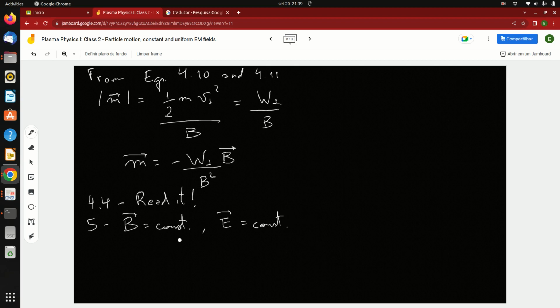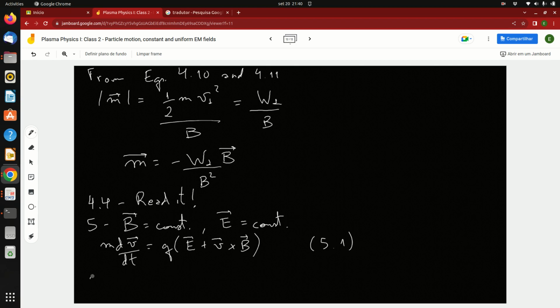Some constant fields. We have already dealt with this situation, but now let's try to do a formal solution of the equation of motion to understand what is happening with the charges in this case. So the equation of motion is dv/dt equal to q times (E plus v cross B). Always this equation, 5.1.